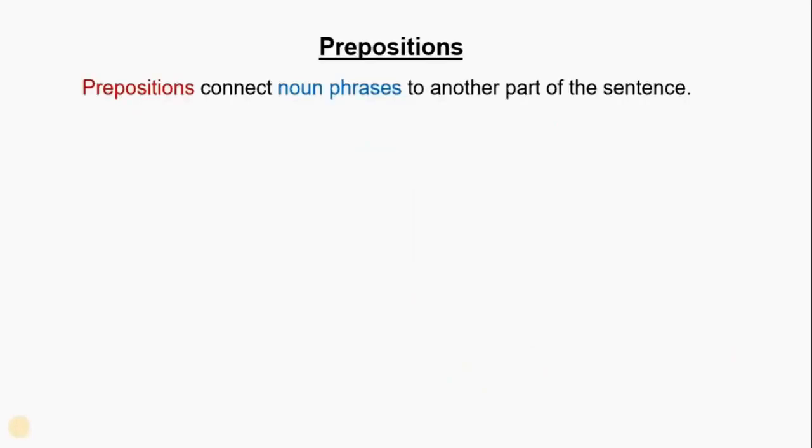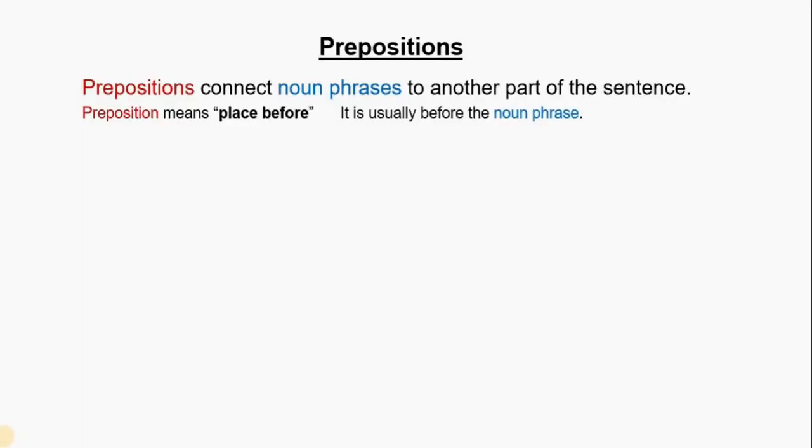Prepositions. They connect noun phrases to another part of the sentence. And the word preposition means place before. And that is because a preposition is usually before the noun phrase. And there are three common uses of prepositions.